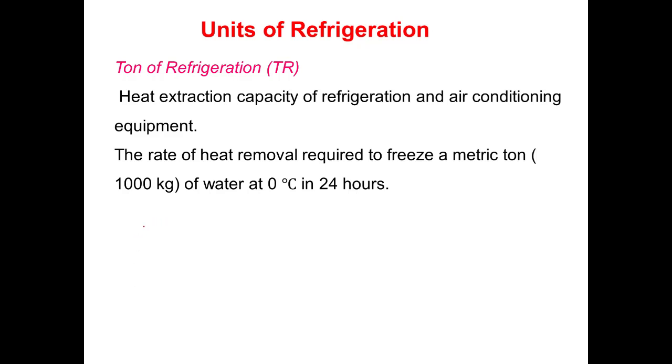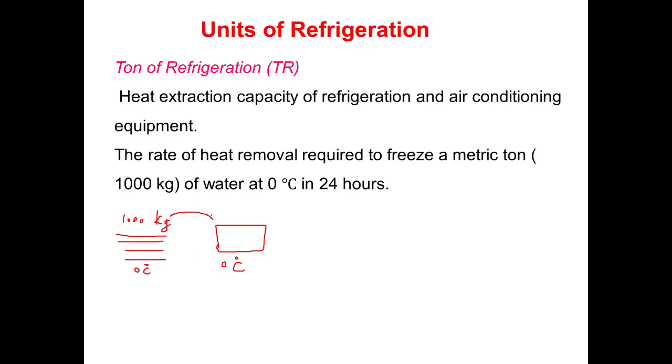To understand this, let's say we have water here, 1000 kg of water at 0 degree centigrade, right? If we convert this 1000 kg of water into solid ice at 0 degree centigrade, you can see this is basically a phase change process from liquid water to solid ice.